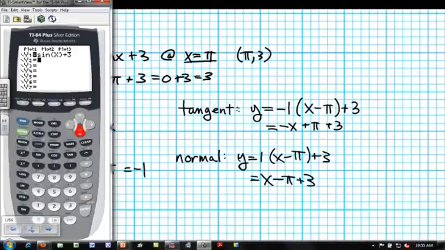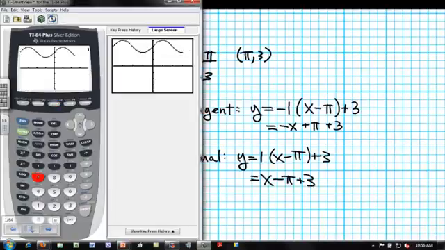Our tangent line is going to be -x plus pi plus 3, and then our last one is x minus pi plus 3. Which zoom should I use? Zoom trig. I think so too. Zoom 7. And then let's go to big screen.